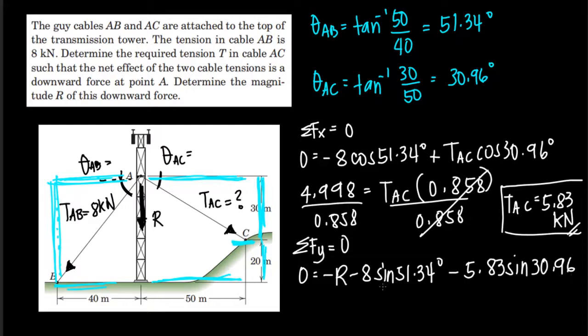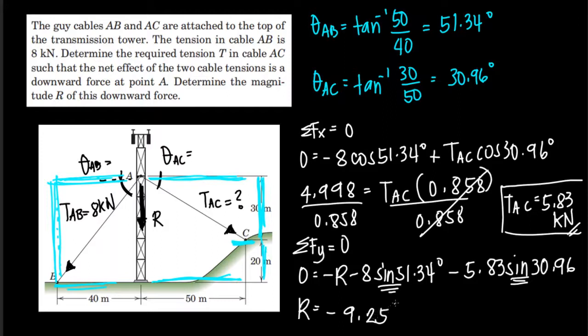All you have to do is put this in your calculator. Transpose R, so it becomes positive R. You have negative 8 sine 51.34 minus 5.83 sine 30.96.